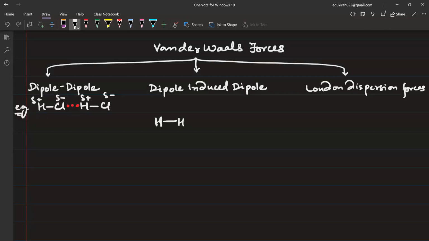But let us suppose there is NH3 here. Due to NH3, this nitrogen will get delta negative, and the hydrogen will have delta positive. And let us suppose we have one H2 molecule here. So when you have one H2 molecule here, this delta positive will be attracting the electrons from hydrogen and making this delta negative, and this will be delta positive.